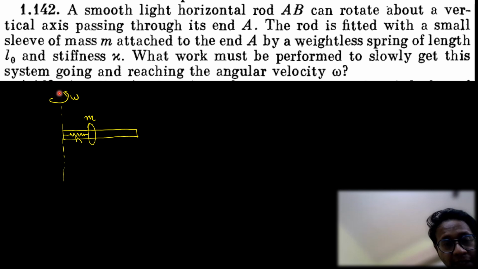To make this system rotate with angular velocity omega, some torque must be applied on this system. The question is asking what is the work done by this torque to move this entire setup from zero angular velocity to omega angular velocity. Well, understood the question.